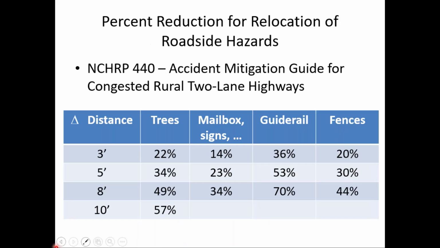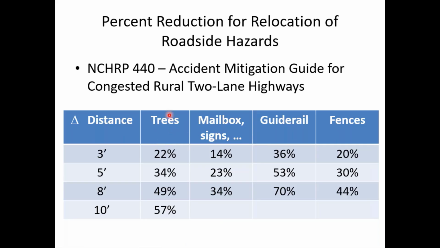National Cooperative Highway Research Program Report 440, which is the accident mitigation guide for congested rural 2-lane highways, presents this table showing the % reduction for relocation of roadside hazards. And you can see there's fences and guide rail and mailboxes and trees here.